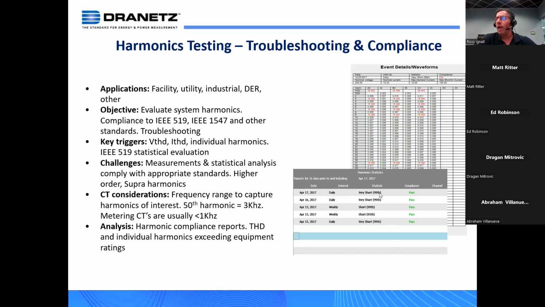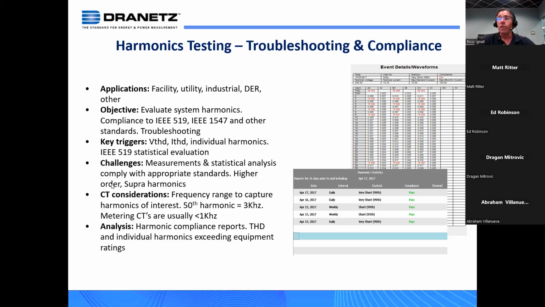The daily compliance reports are based upon very short time harmonics. The weekly compliance reports are based upon short time harmonics. Each day you'll get a pass/fail report, and you'll see what information is provided. You'll know, as here, that the THD failed, as an example, and which individual harmonics were out of compliance limits. 519 defines what these limits are, but also defines the measurement techniques to do it.